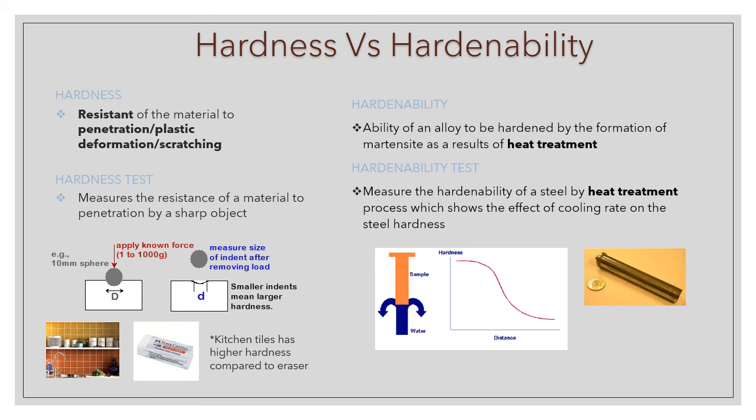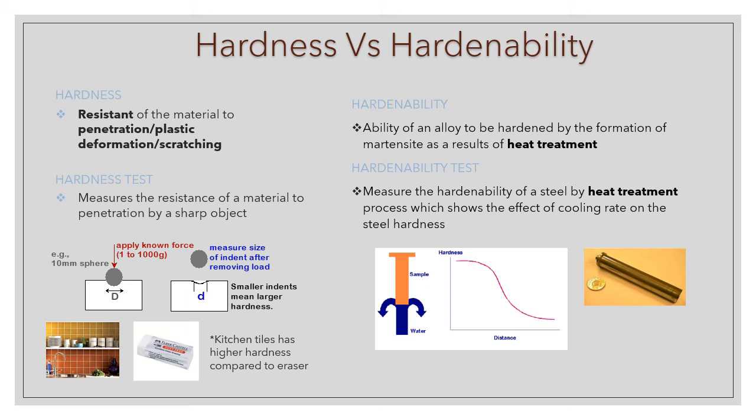So we come to the difference between hardness and hardenability. Hardness is the resistance of the material to any penetration or plastic deformation or scratching on the surface of the sample, while hardenability is the ability of an alloy to be hardened due to formation of martensite as a result of heat treatment.